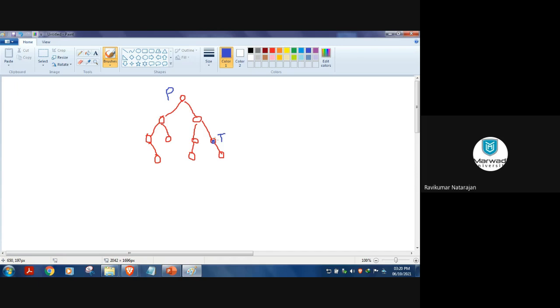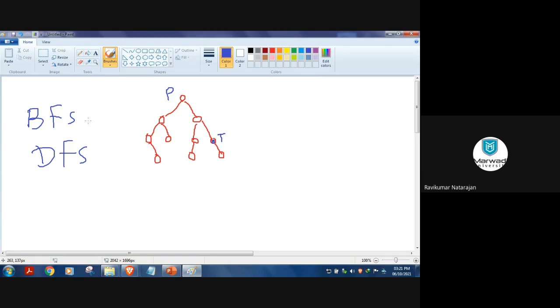So I'm saying that there are 2 methods, basically. One is breadth first search, and another one is depth first search. So now let me tell you what BFS is. BFS in the sense it is a wider search. Wider search in the sense it is a level by level search.